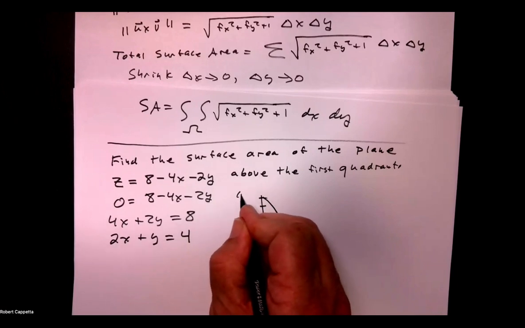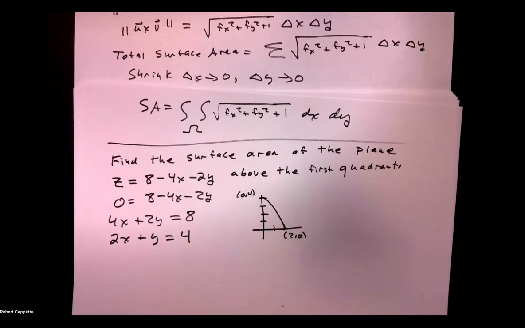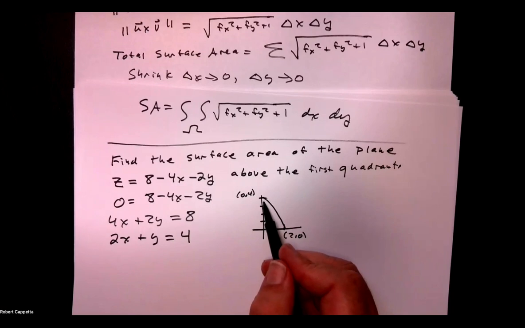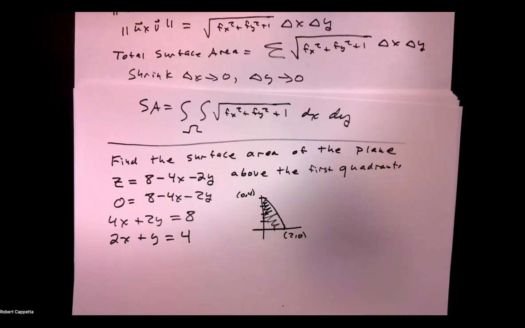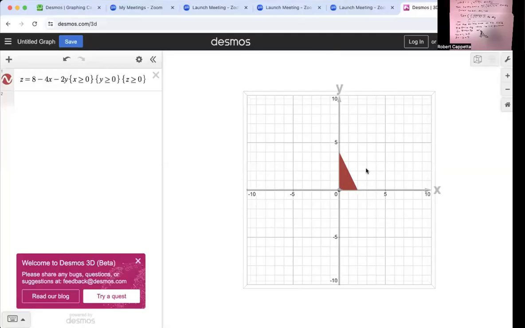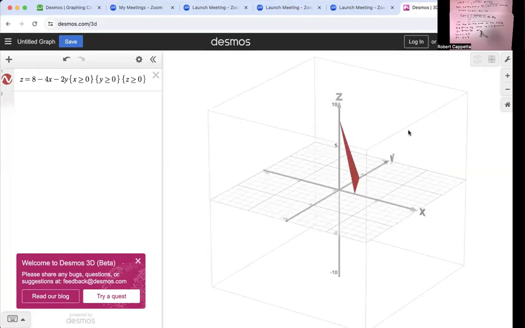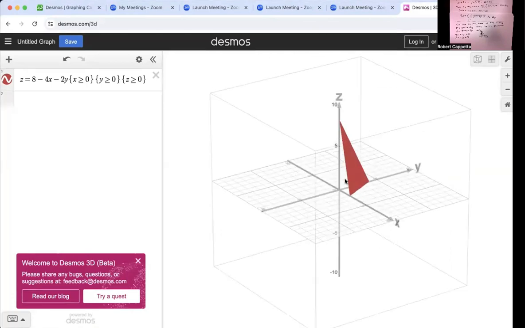So here's 2, 0. Here's 0, 4. If I project this down into the xy plane, this is what I'm getting. And I hope that is in essence what it looks like when we look at the graph. And sure enough, x basically out to 2, y basically up to 4 for that projection onto the xy plane. And then there's our three-dimensional version of this. And we want to go ahead and get the surface area of that portion of the plane.